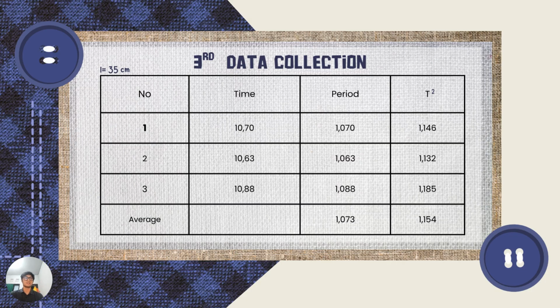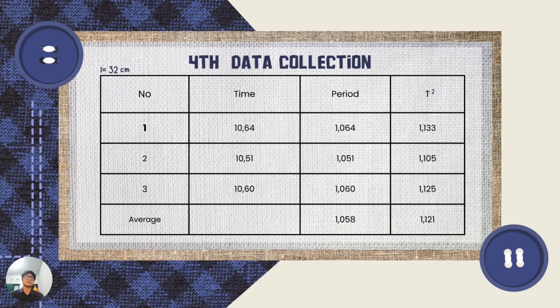The highest time is 10.88 seconds with a period of 1.088 and a T squared of 1.185, with an average period of 1.073 and an average T squared of 1.14. This is the fourth data collection, with a length of 32 centimeters.